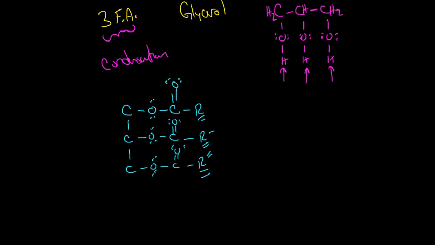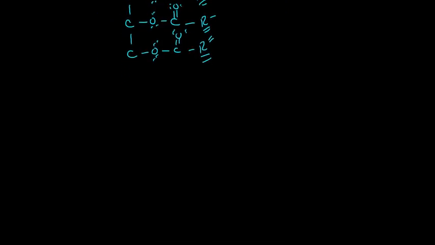So let's take a moment to think about one of these condensation reactions in a lot of detail, and then we'll think about the other 2 a little bit more quickly. Let's start off with glycerol. Here are our 3 carbons with an OH, another OH here, and our 3rd OH.